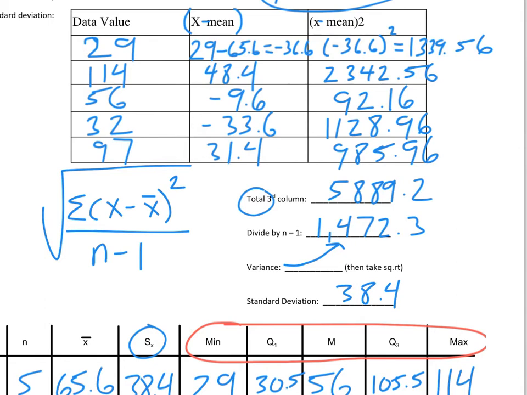Okay, the mean was 65.6, but on average our 5 pieces of data were 38.4 away from 65. Okay? Remember back with our socks. When we're talking about distributions, we are very interested in how far the data is spread out. Is it all clustered around the center, or is it really spread out?